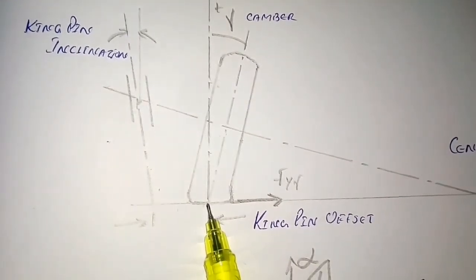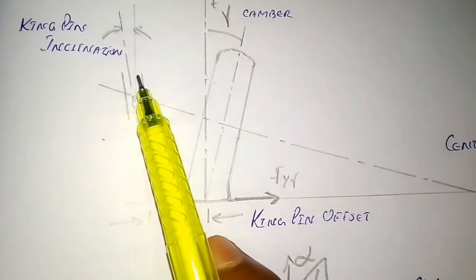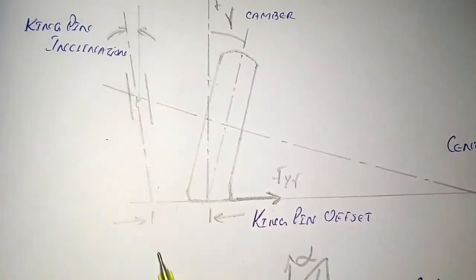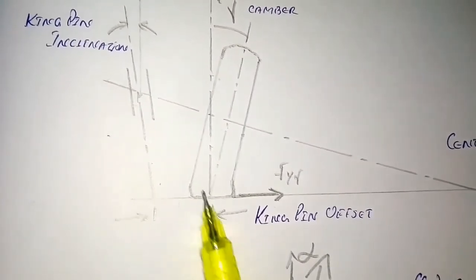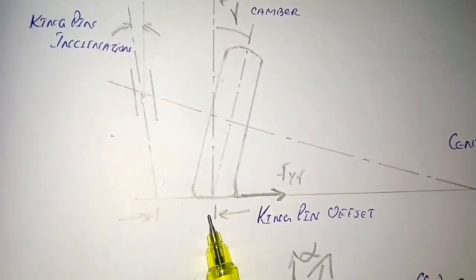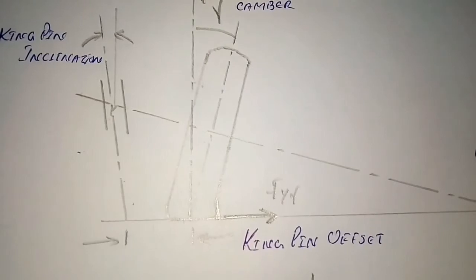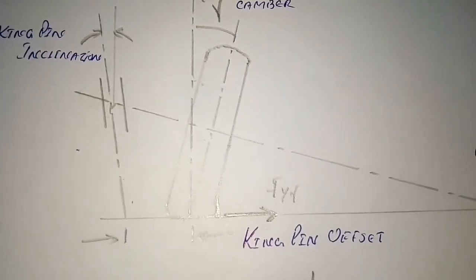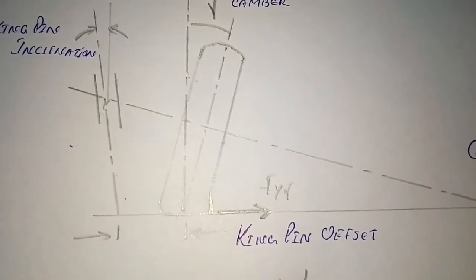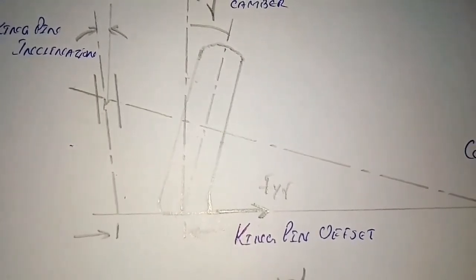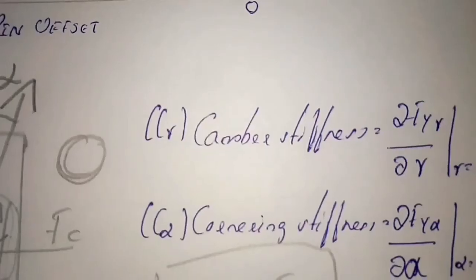The kingpin offset is the distance between the center of the contact patch and the point we get by projecting the axis of the kingpin. So kingpin offset will be reduced by providing camber angle, and it will also provide more directional stability compared to normal tires that don't have any camber angle.